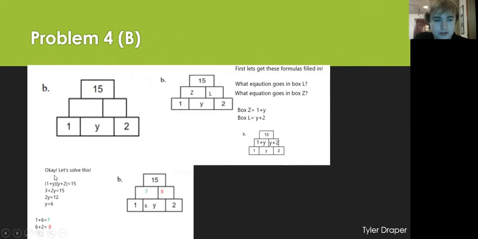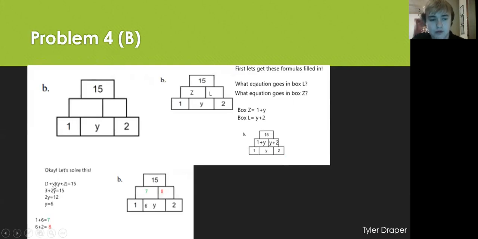Okay, so we'll solve this. If we know that 1 plus Y and Y plus 2 are going to equal 15, because we have filled in these equations here on B. Look over here at this one, we got it all written out.